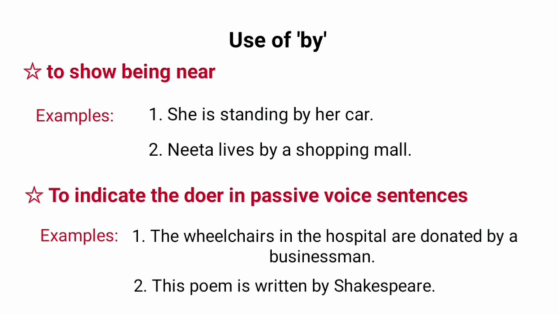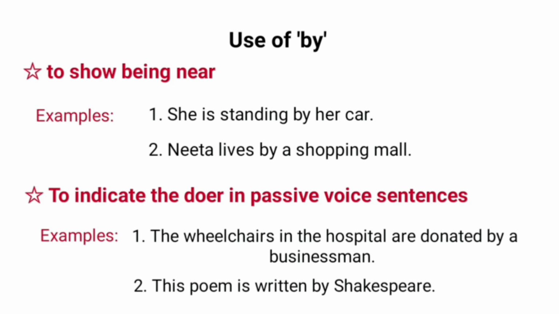We use by to indicate the doer, which is in passive voice sentences, like the wheelchairs in the hospital are donated by a businessman. Here, doer is a businessman, which is written in the end of the sentence after by. Another example: this poem is written by Shakespeare.